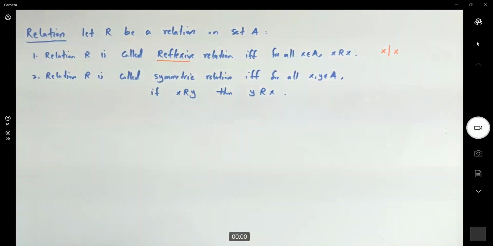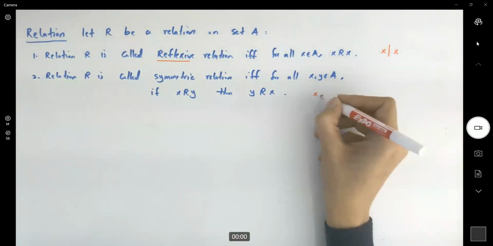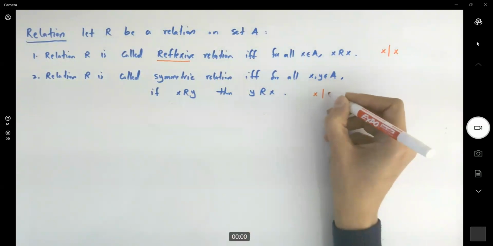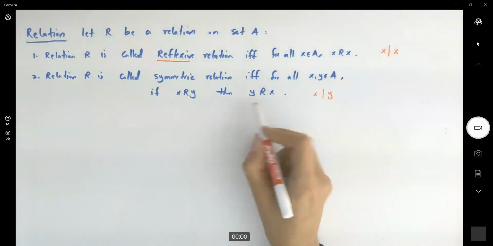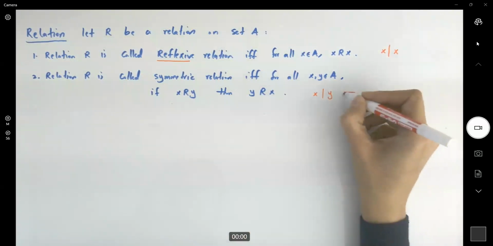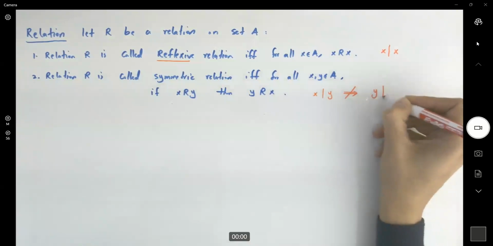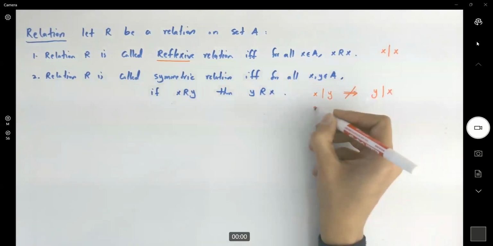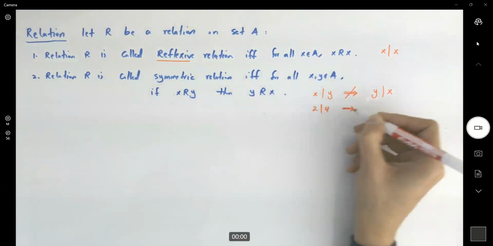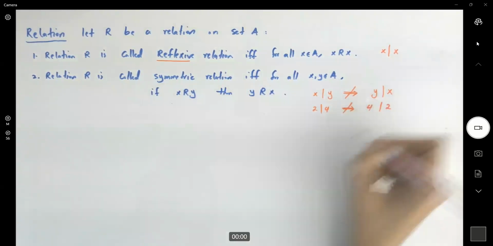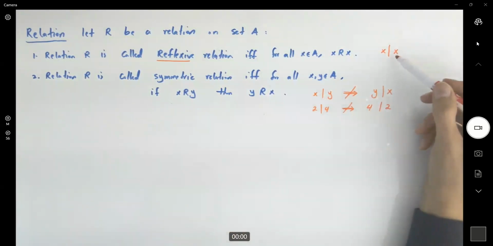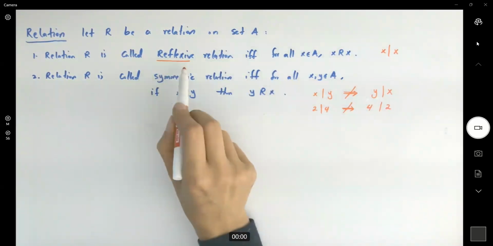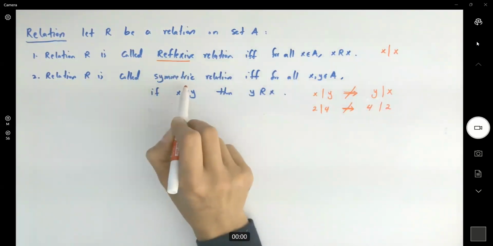Again, you can talk about divisibility, you can talk about equality. If x divides y, it's not always the case that y divides x. So if 2 divides 4, you cannot conclude that 4 divides 2. So divisibility works for reflexive relation, but not for a symmetric relation.